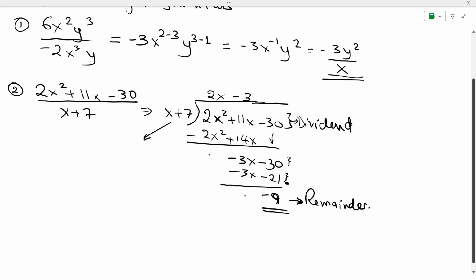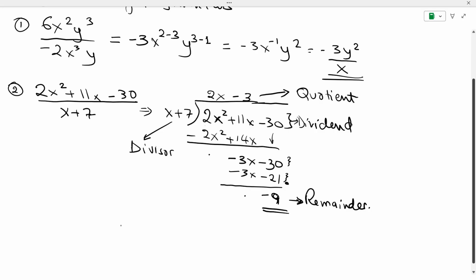This expression here is called the divisor. And this expression here is called the quotient.